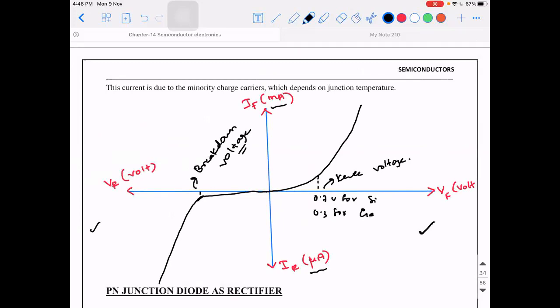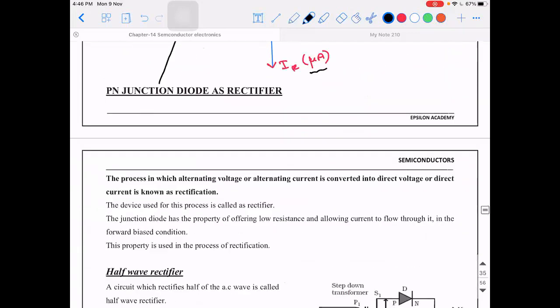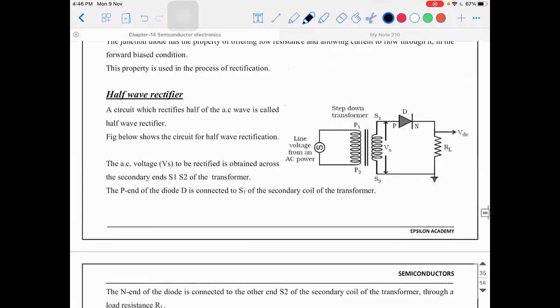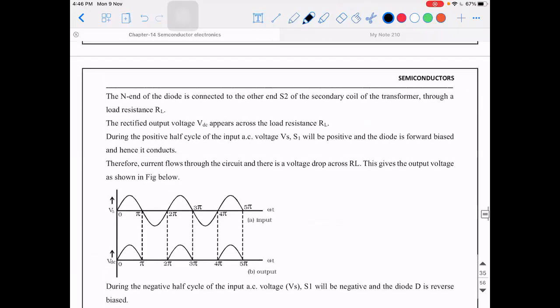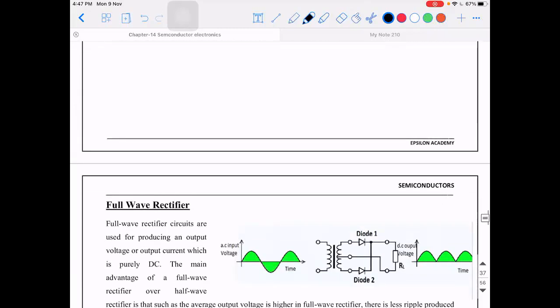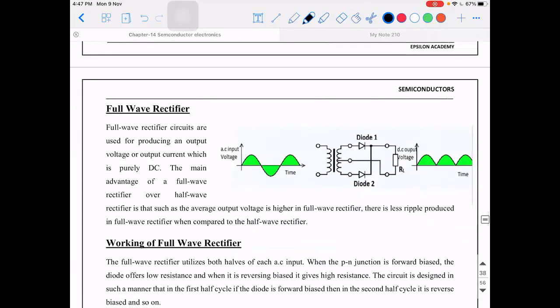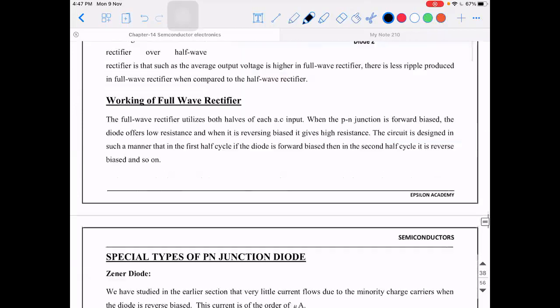So there is one last subtopic left in this chapter, that is PN junction diode as a rectifier. For this, the maximum time needed is 20 to 25 minutes. That I will do in the next class, because I want you to understand all these basics of a half wave rectifier and full wave rectifier.